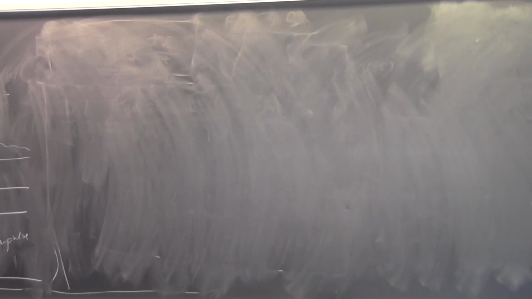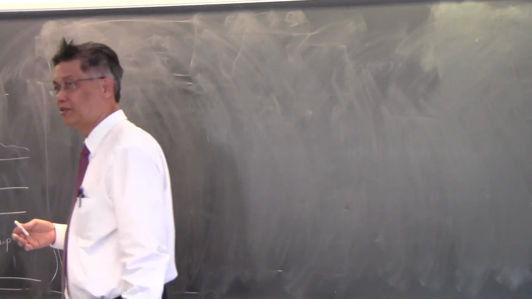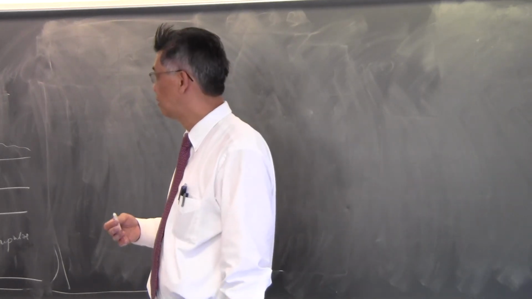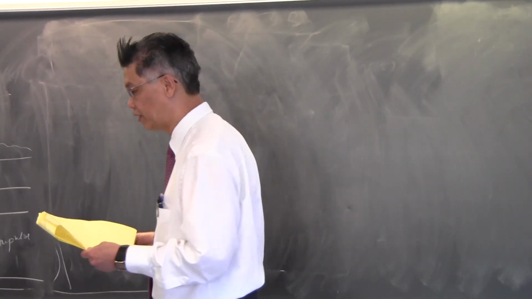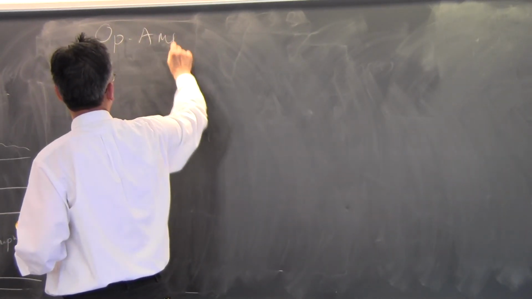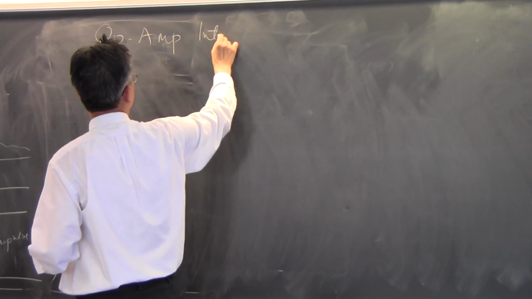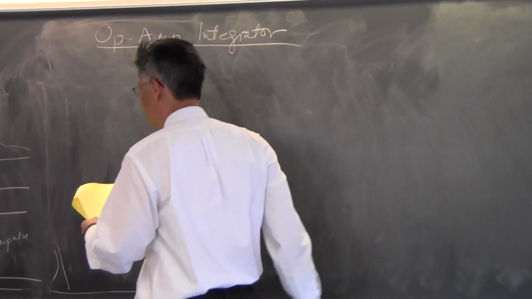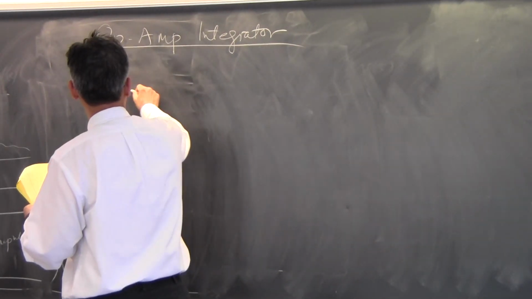You can reverse this circuit around and make it into an integrator circuit. We did that for the capacitor. Now I'd like to show you what happens when you connect this to an op-amp and convert it into an integrator circuit. The op-amp integrator looks something like this.